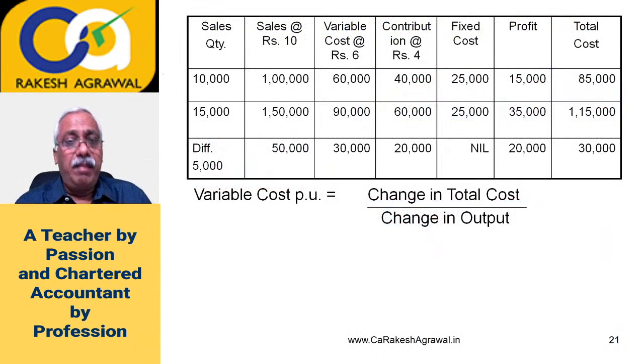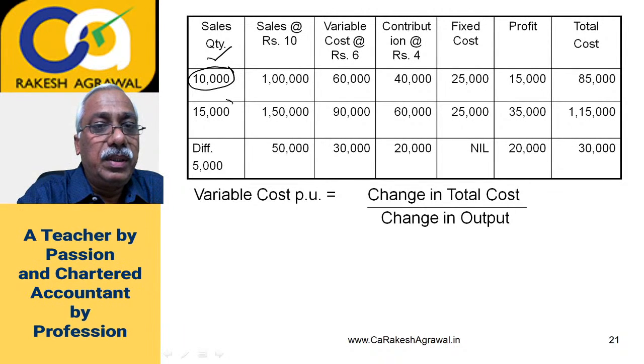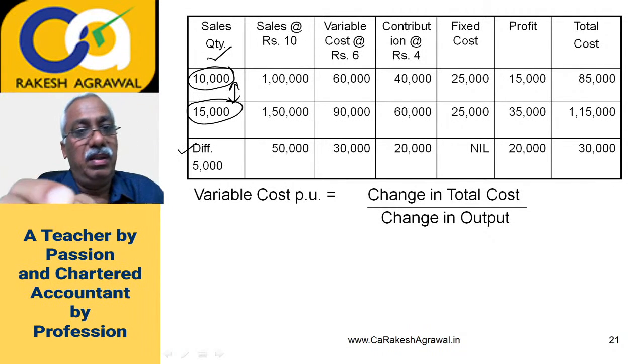Now let's go ahead. I am discussing some shortcut formulas, my dear friends. And to discuss the logic of shortcut formulas, I will take some data. Understand the data first. In one column, I am taking sales quantity. This sales quantity I have chosen as 10,000 units, 15,000 units. And the difference between these two, my last row, is the differential row.